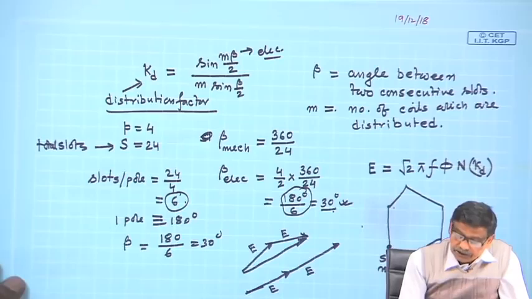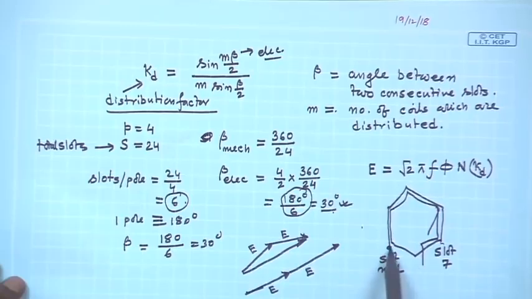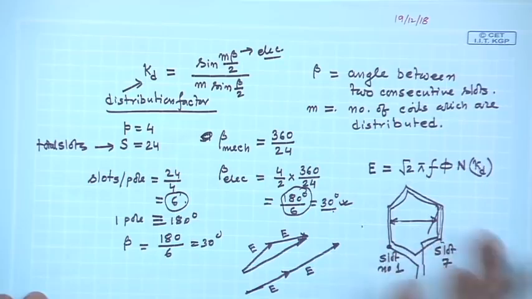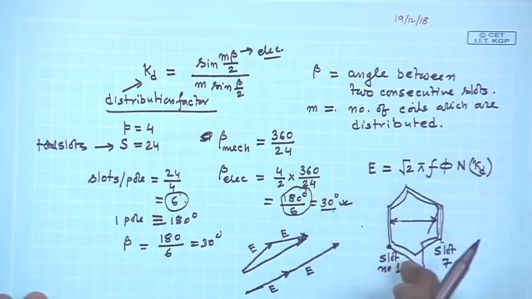That should be the position of the coil. So in slot number 7 the return coil side must be present, such that this will be 6 slots, which is equivalent to 180 degree electrical, because 6 into 30 is 180. And this will ensure that the induced voltage is BLV, BLV, 2 BLV. These voltages will be additive in nature, or n into 2 LV, where n is the number of turns of this single coil. Anyway, so this is the idea.